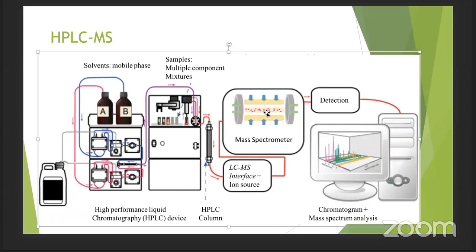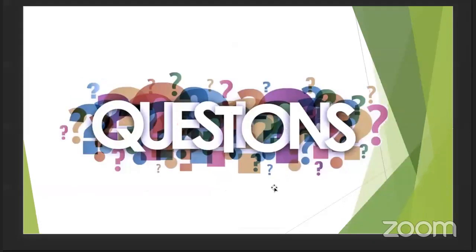These are flown directly into the detector of the mass spec, where the mass to charge ratio is analyzed, and you get a graph like this, from where you can get the size, mass to charge ratio, and identification of the compound that you were isolating or separating using an HPLC-MS. So that's more or less it.